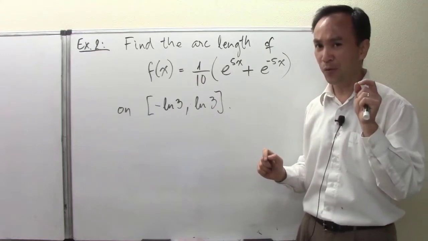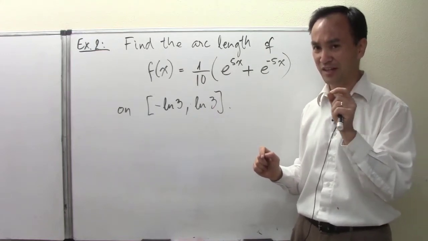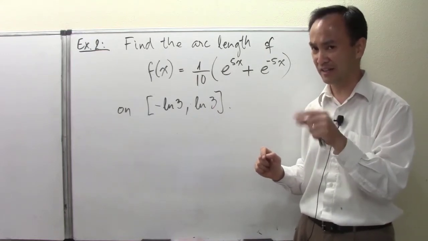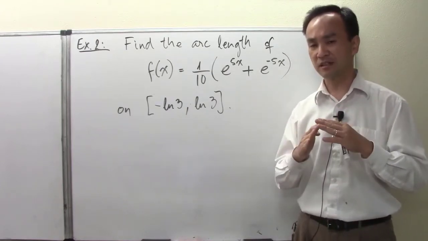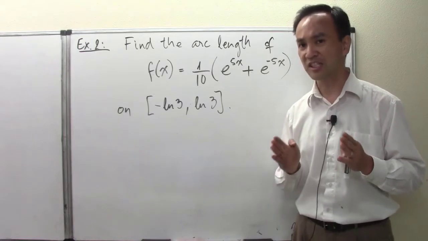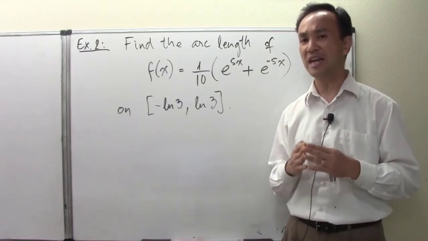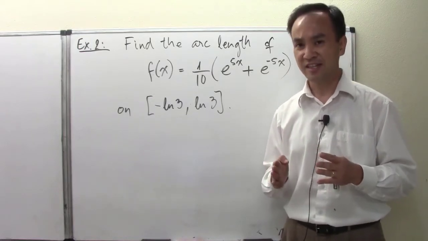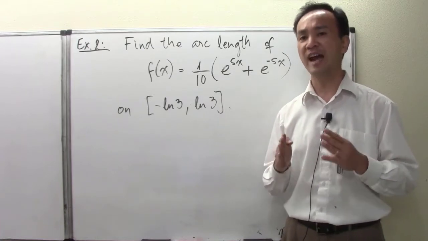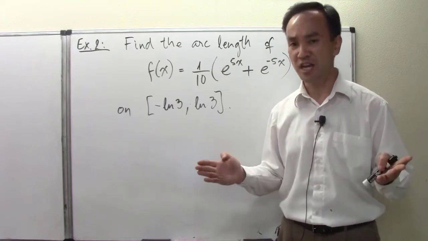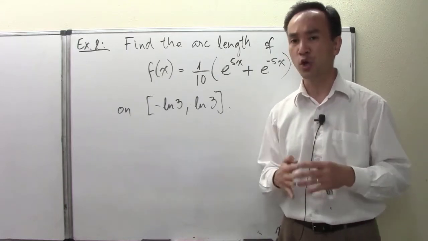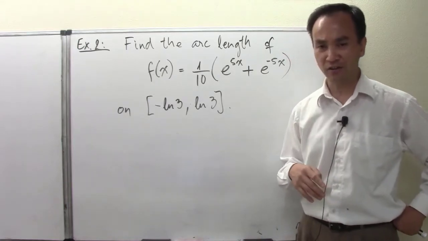But the style of wording in example 1 indicated that there is a likeliness that you only had to set up the integral and then no further need to evaluate that integral. That's the way example 1 was.